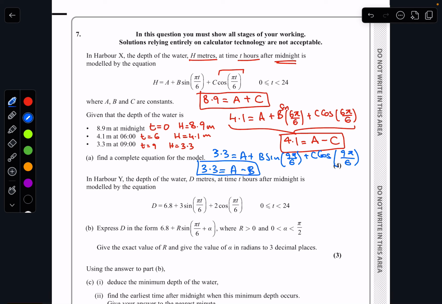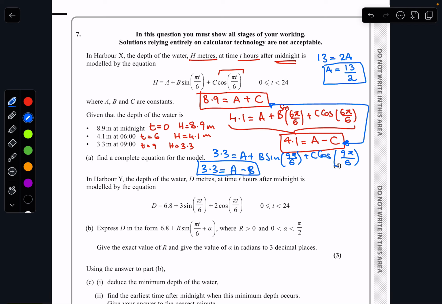If you add them together, 8.9 plus 4.1 is 13, which is equal to A plus A gives us 2A, and plus C minus C goes away. So I can find my first value, A is equal to 13 over 2. That's my value for A, just by combining the equations.